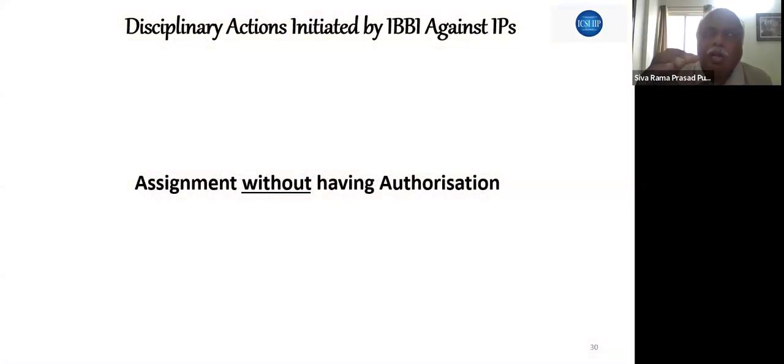Assignment. Before going into the particular cases, these are the mistakes committed by IPs which the IBBI informs IPs about from time to time through circulars. Assignment without having AFA authorization for assignment. Bankers today are not verifying. If you are empanelled, they will give you the cases only.